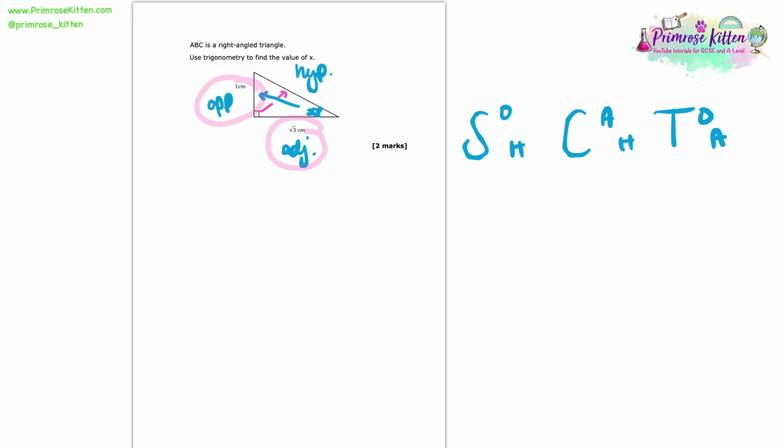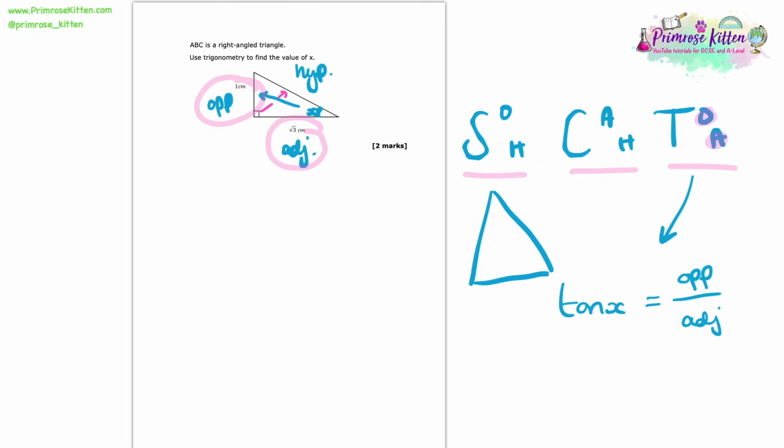So for that reason, if I go to my SOH CAH TOA, because I've got the opposite and the adjacent there, I can say that tan x, which is the T of the TOA, is equal to the opposite, which is the O, divided by the adjacent. And you can learn that as a triangle as well if you prefer, where the O is on the top and the tan x and the A are along the bottom.